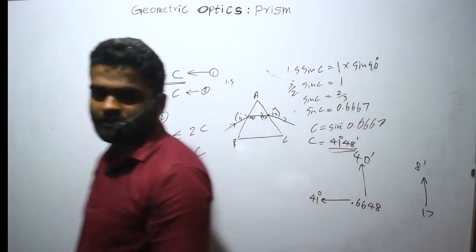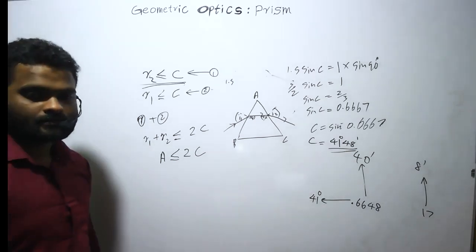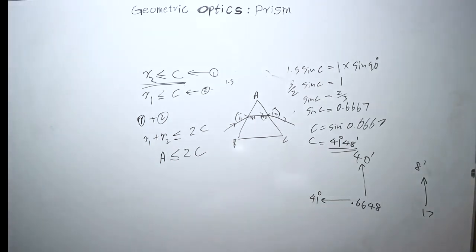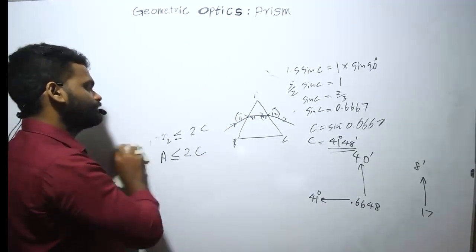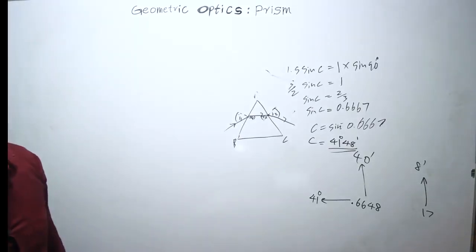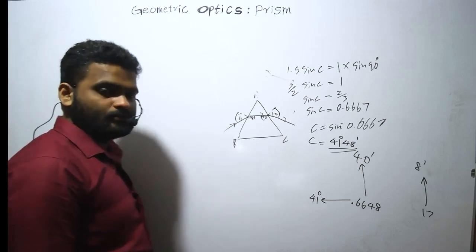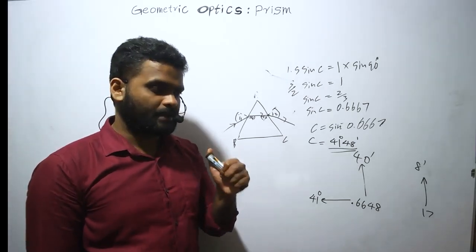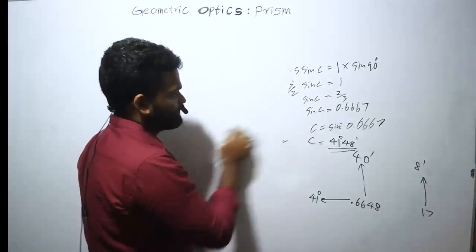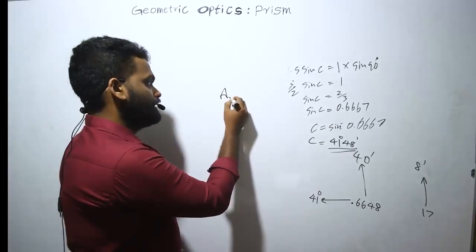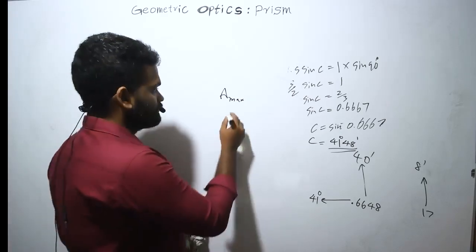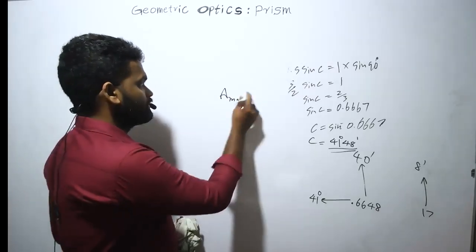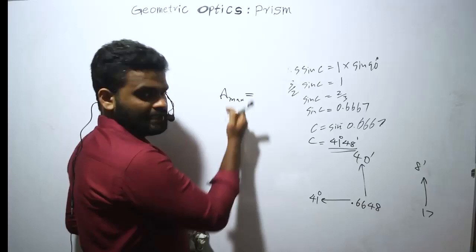Write down requirement for emergence of rays from a prism: maximum value of prism angle, within brackets A max, capital A, right? A max is 2C. So A max equals 2C.